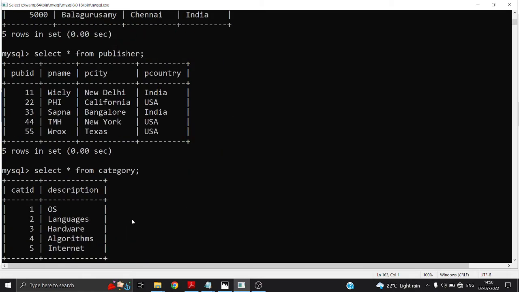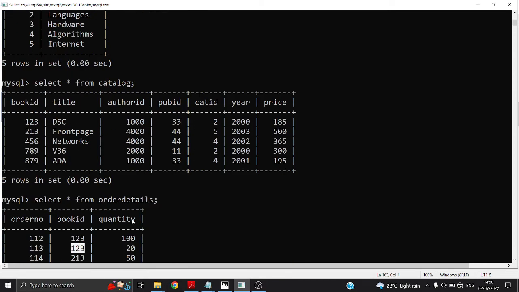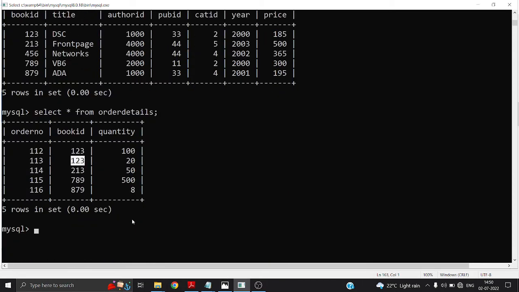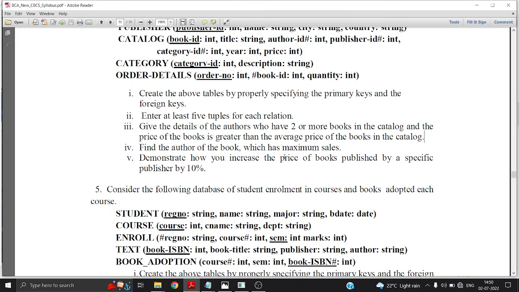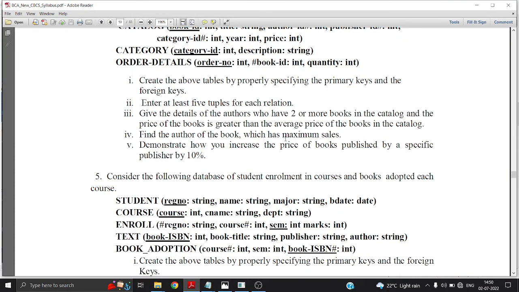So in this way we have created the five tables, followed by inserting five tuples or five records into each table. Our next job is to look into the question they had asked. The question is to give the details of the authors who have two or more books in the catalog, and whose average book price is greater than the average price of the books in the catalog.